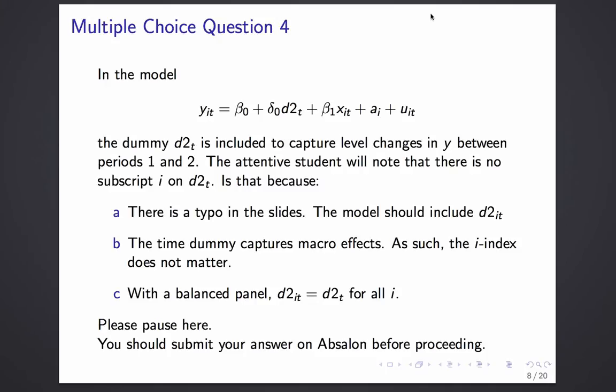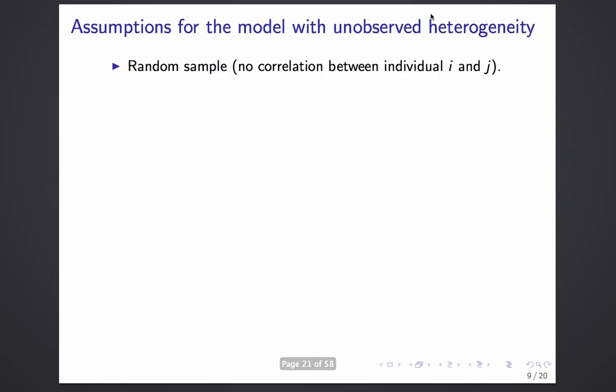Okay, well done. Let's move on and talk a little bit more about the assumptions for the panel data regression model. So first of all, we maintain this assumption of having a random sample, which means that there's not going to be any correlation between ui and uj. They're sampled independently of each other.